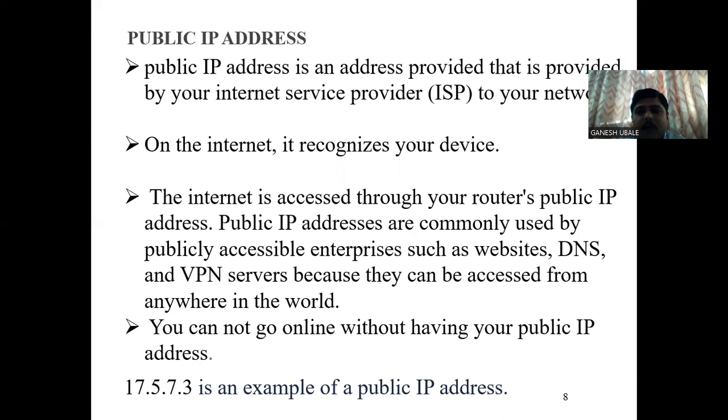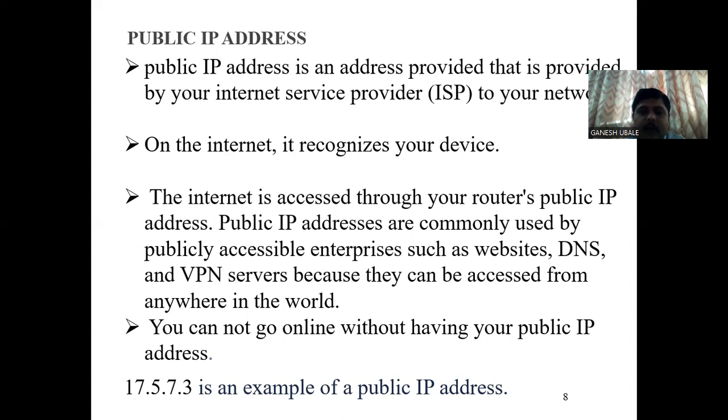Through that router, your internal network can be accessed from the world. Public IP addresses are commonly used to access enterprises such as websites and DNS, like the DNS of Google, and so on. So when we want to go online, you must have a public IP address.